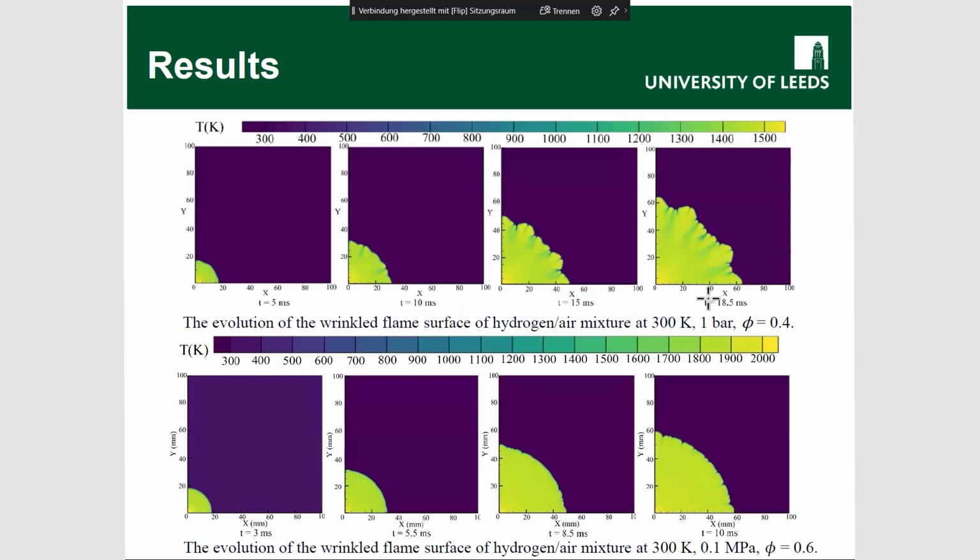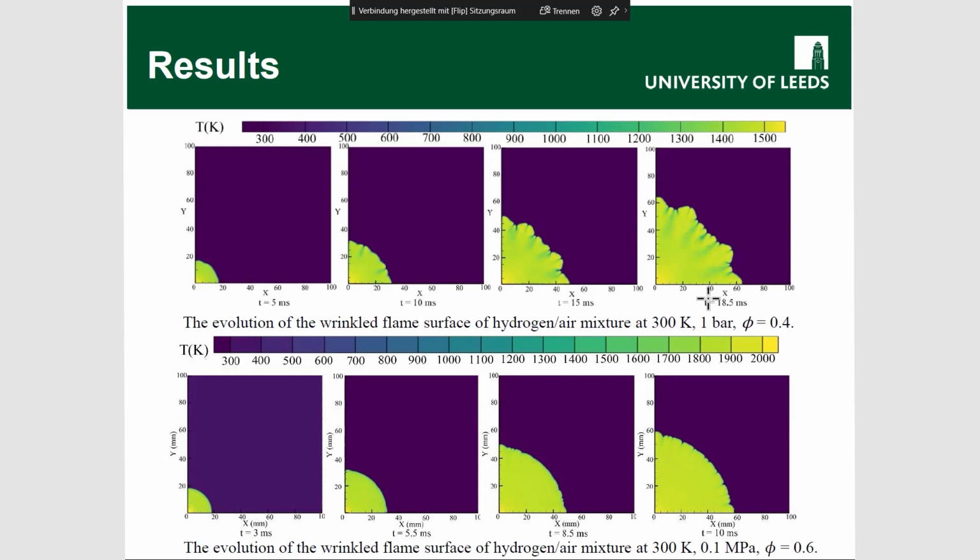This is the evolution of the temperature profile of the hydrogen-air flame at equivalence ratio 0.4, the upper picture, and the lower picture is equivalence ratio 0.6. As you can see, for both cases the flame front is originally smooth and stable, and then gradually transitions towards instability and a cellular structure.